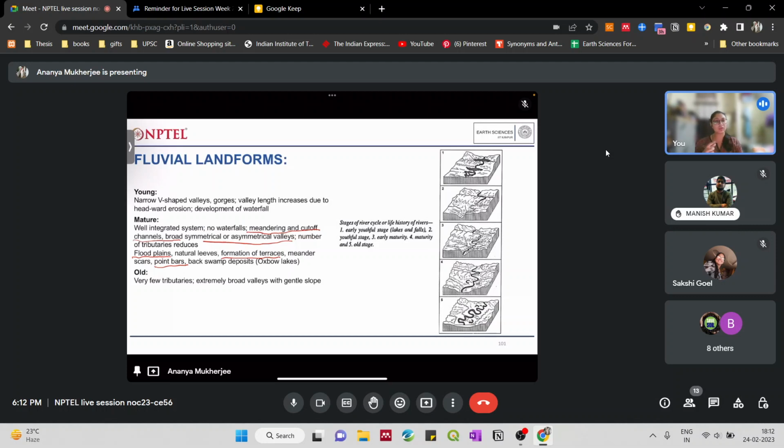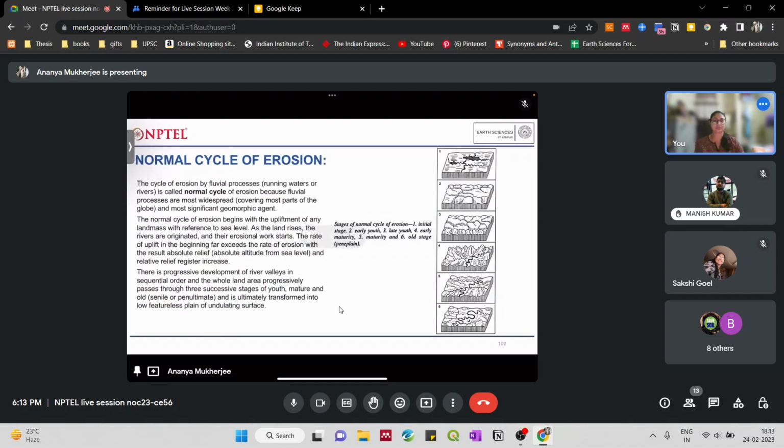Now we come to another concept called the normal cycle of erosion. This is the erosion that happens with respect to the river channels. It is a kind of cycle. Why is this called the normal cycle of erosion? Because with respect to the global scenario, fluvial erosion is a widespread phenomenon across the globe.